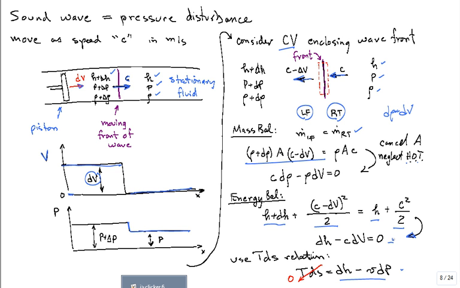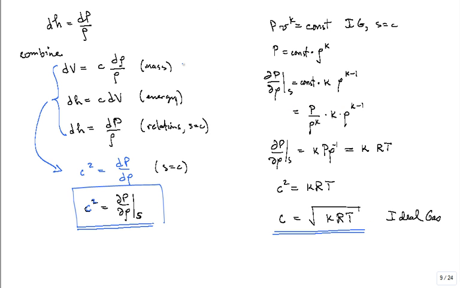So I have this equation, this equation, this equation from mass balance, energy balance, and if you'll allow me to say entropy balance. We combine those, mass, energy, and isentropic restriction, to get just c squared is equal to, it's a little bit of just algebra at that point. But it's the rate of change of pressure with respect to density, and you recall S is constant, hence there's the quick derivation. It's all mathematical. Okay?